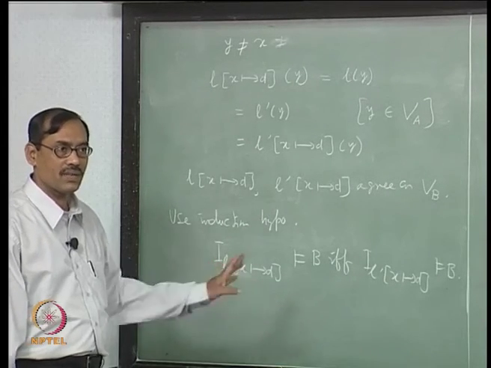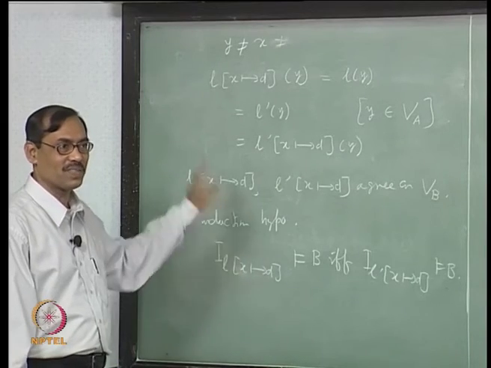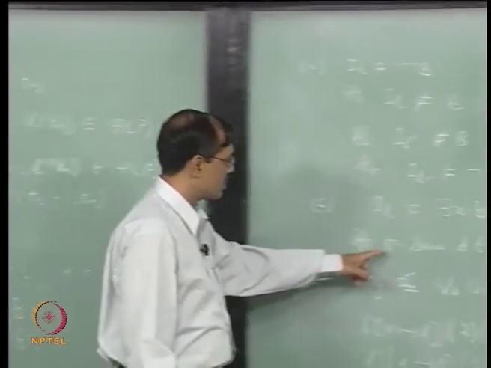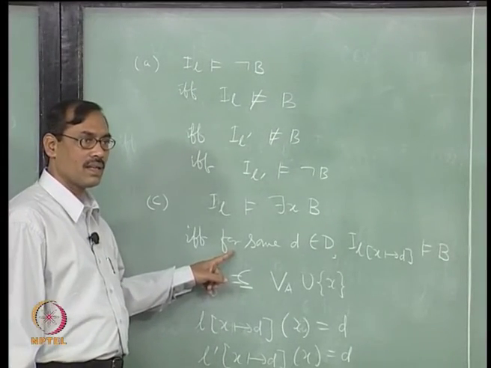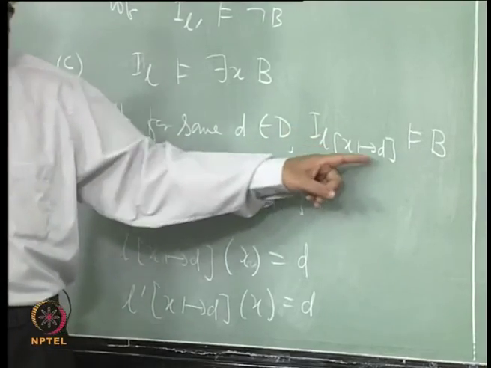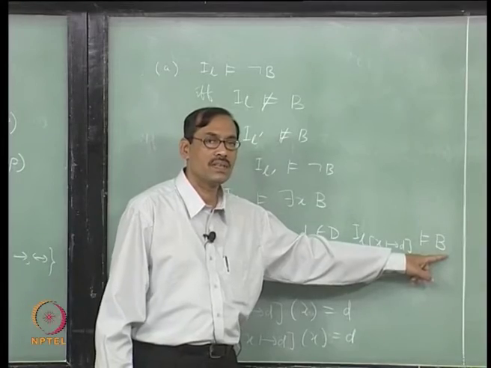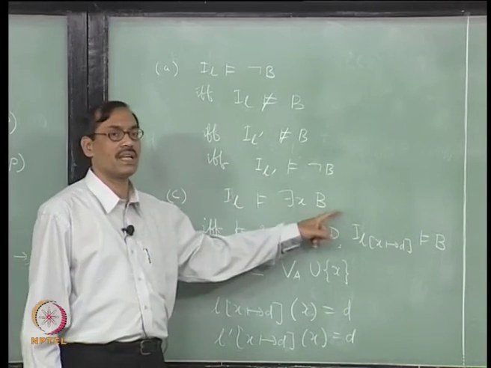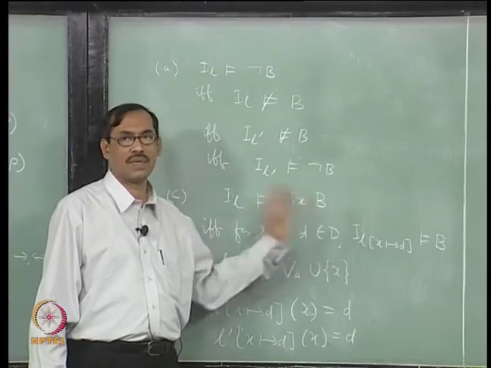Nu of B is less than or equal to k, that is why you are able to use it, all those three are required. So, now once that is done, we come back to this statement, right. This says for some d in D, I L prime of x fixed to d satisfies B, right. Therefore, I L prime satisfies there exists x B, proof ends there.